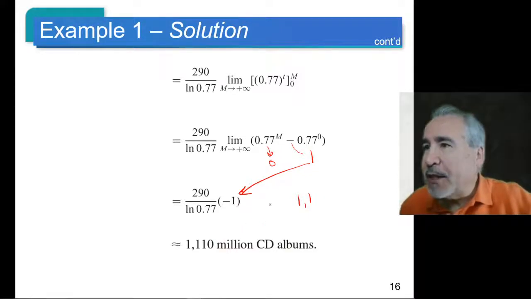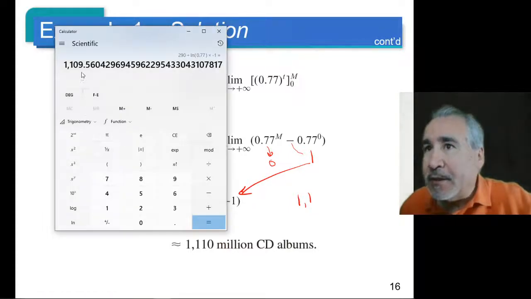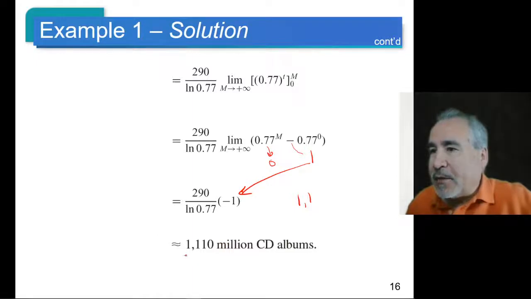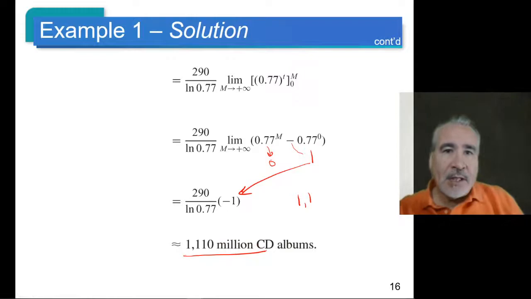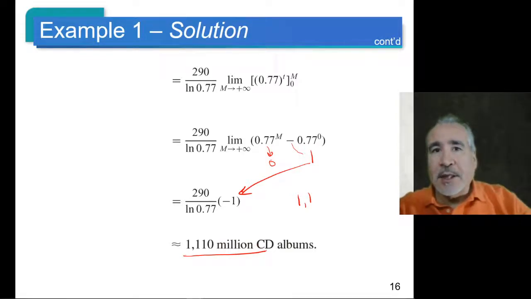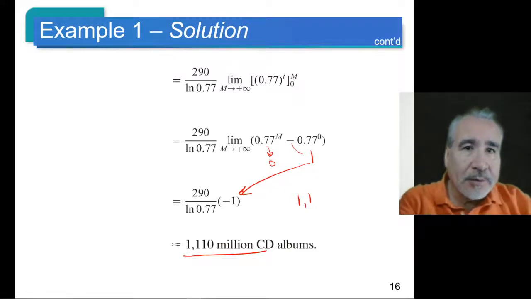They rounded it up because there's a 9.5, so the 5 rounds up. So we could expect that by the time CDs stop being sold, there'll still be another 1,110,000 CDs to be sold.